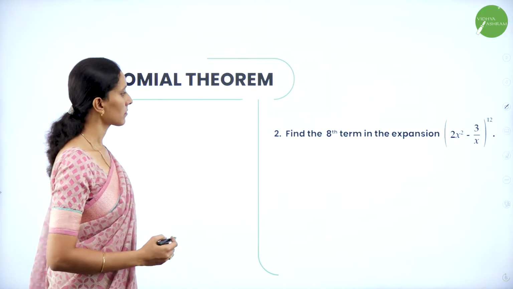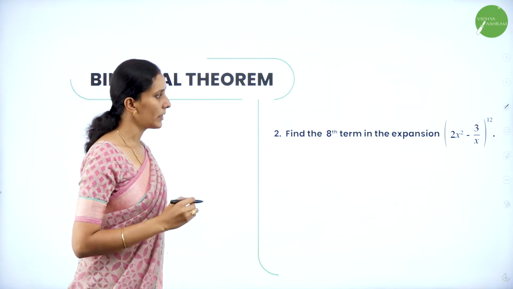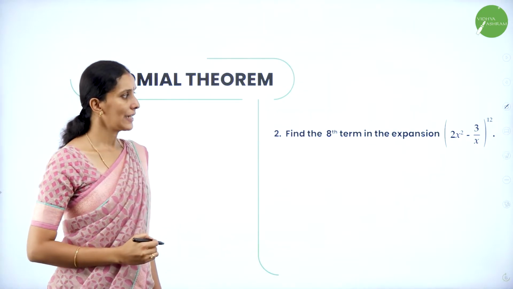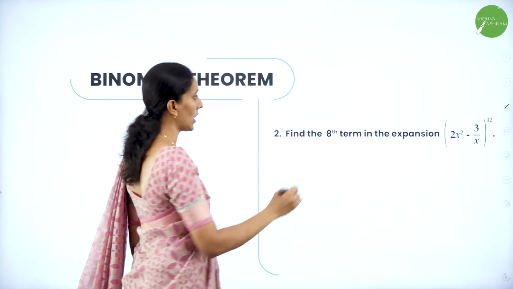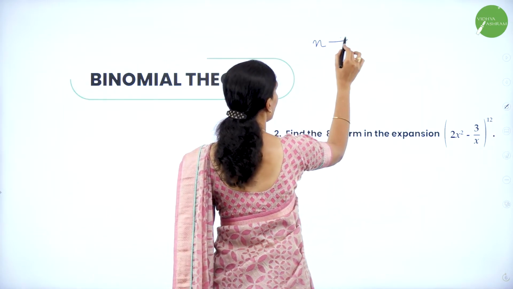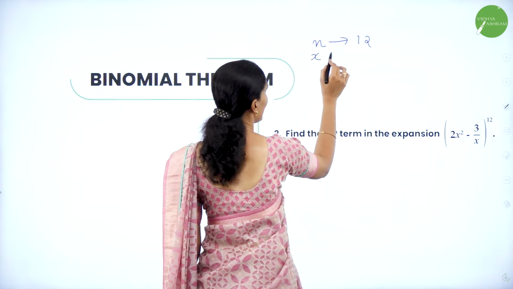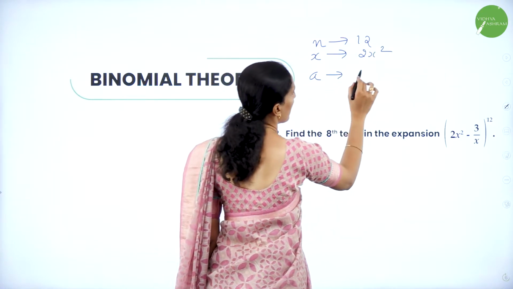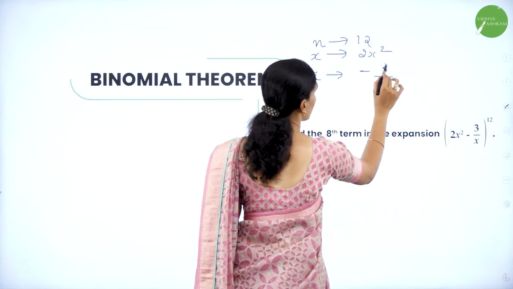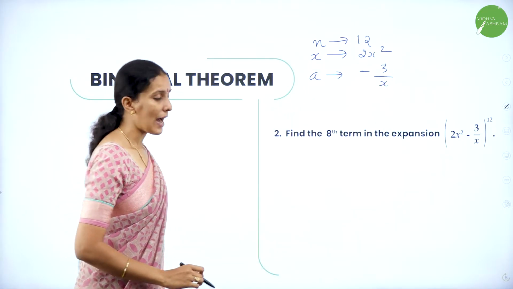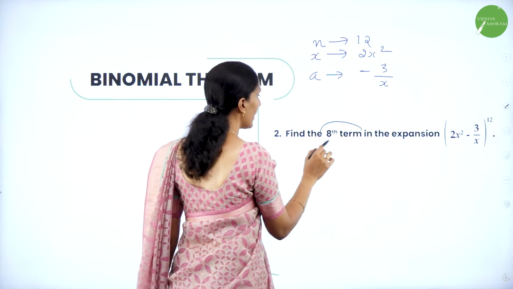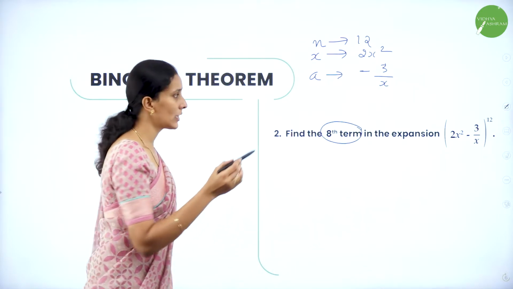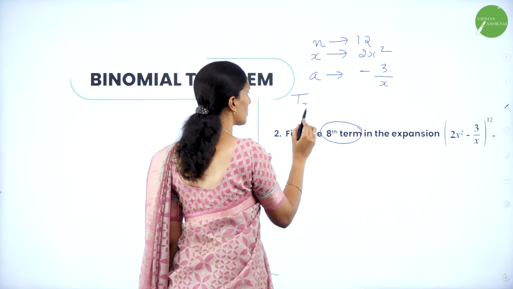Next, find the 8th term in the expansion of 2x square minus 3 by x whole power 12. So here we have n is 12, x is 2x square, a is minus 3 by x. What about r? It is given the 8th term. So 8th term means T8.